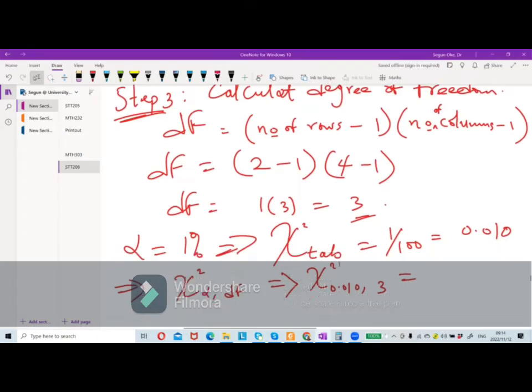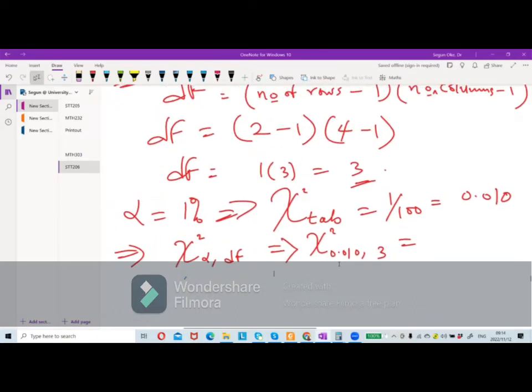If you don't have it, anybody that still has the copy I shared with you can also reshare it on the platform. So 11.345. But what happens when our alpha is equal to 5%?